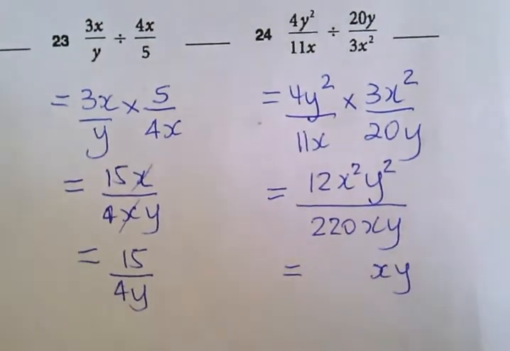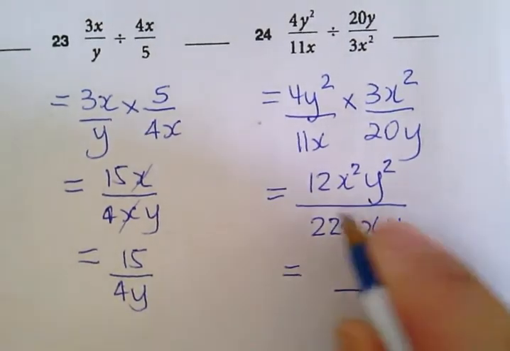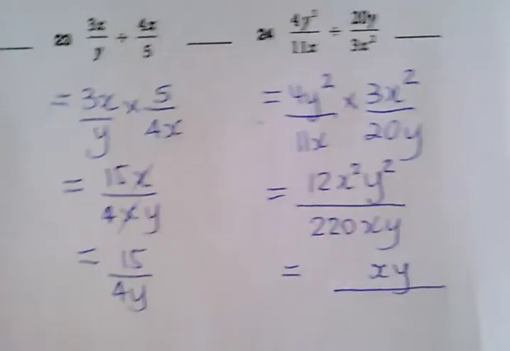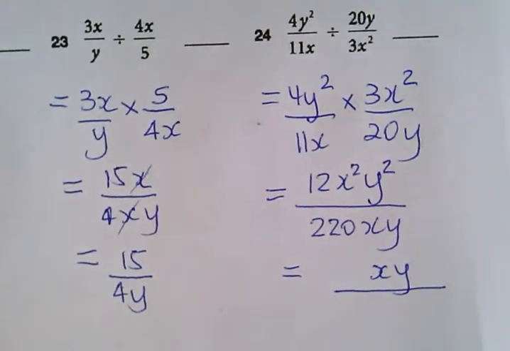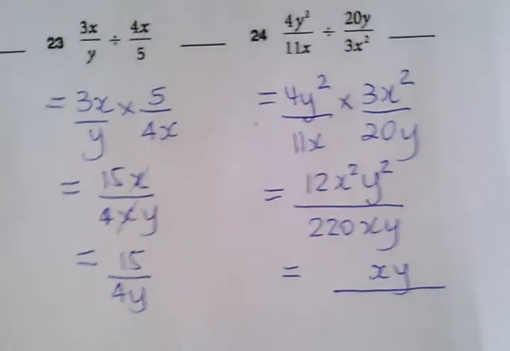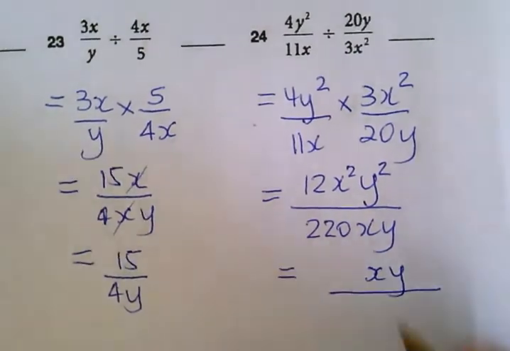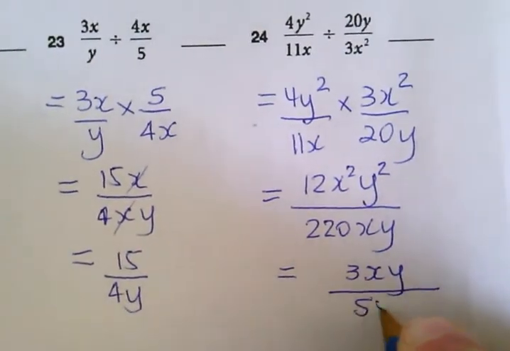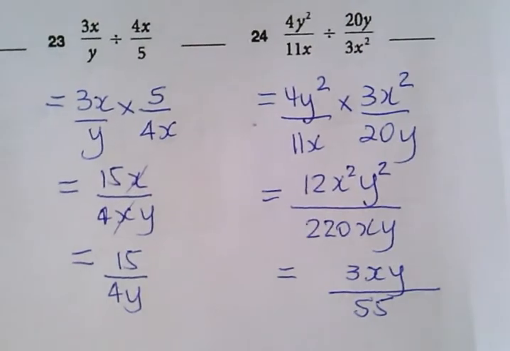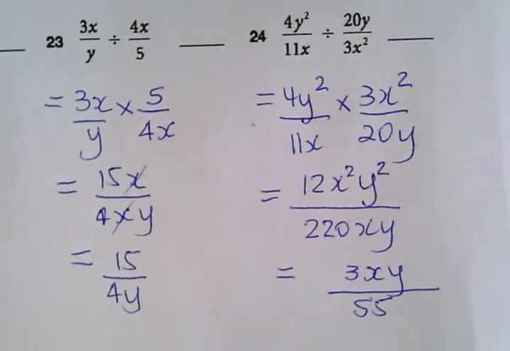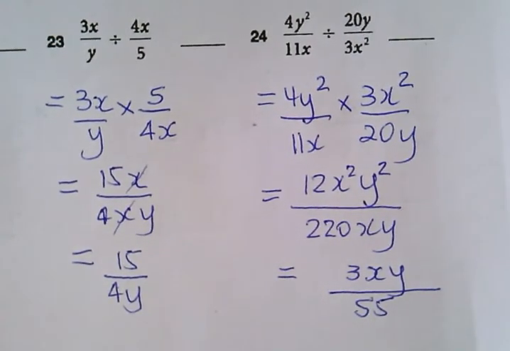We're left with xy on the numerator. 12 over 220, they're both even. So can you just put that in on your calculator, that one? 12 over 220? And we get 3 over 55. Better to do it on your calculator for 12 over 220, because if you put 6 over 110, you've got to halve it again.